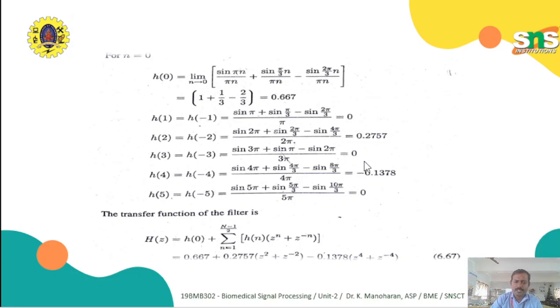If you substitute h of 2, this value will be 0.2757 into z power 2 plus z power minus 2, because we have z power n plus z power minus n. And then 3, 5, 1 will be 0, we can skip them. And then we have 4, so minus 0.1378 into z power 4 plus z power minus 4. So we can substitute here. So this is the transfer function H of z.